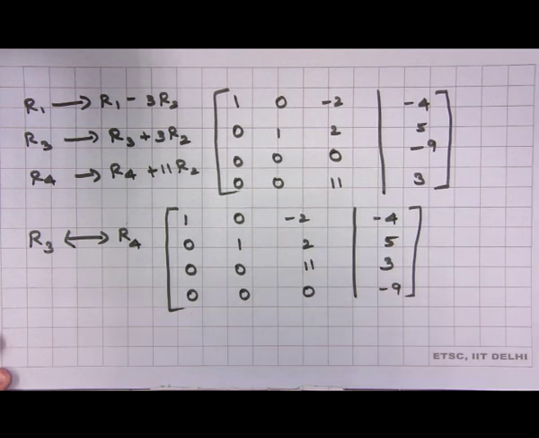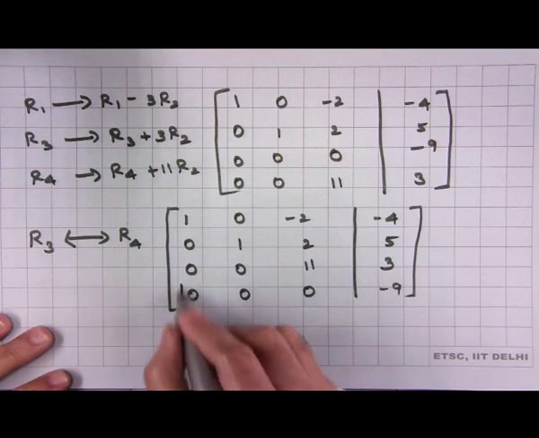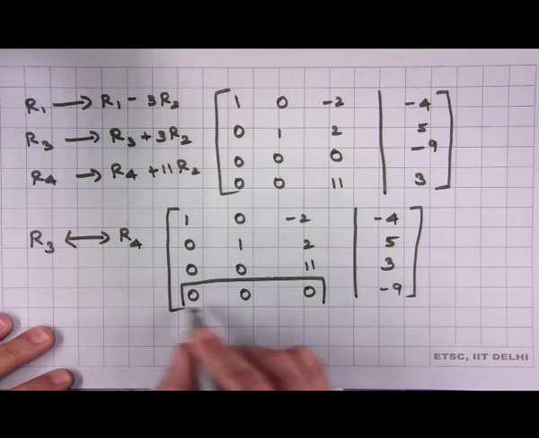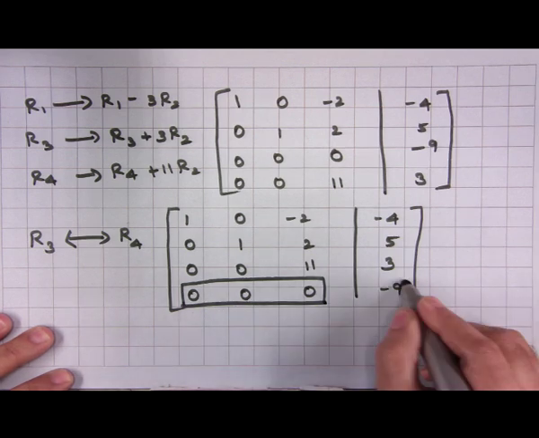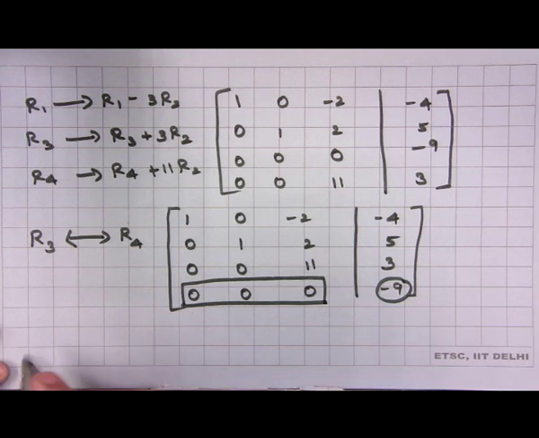Convert this 11 into 1, but I do not have to do that because I have a 0 row over here and a non-zero term over here, right.